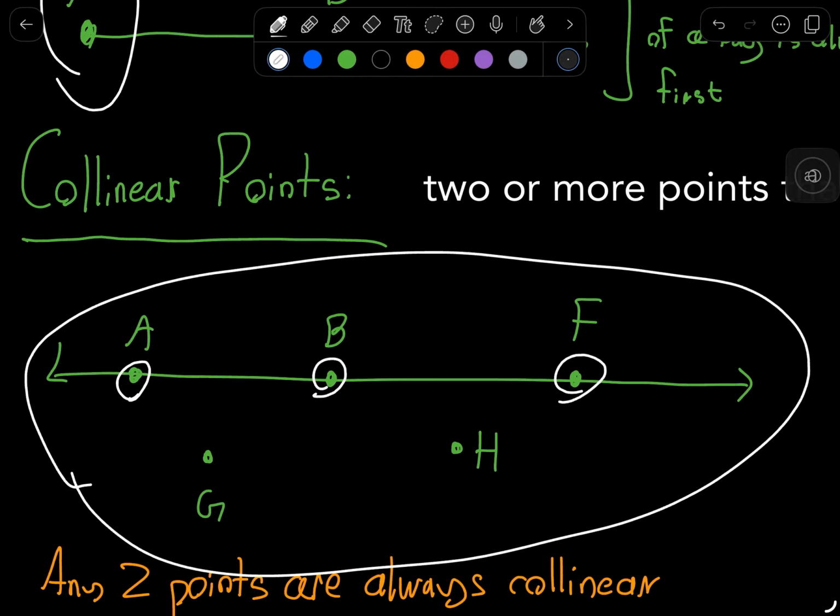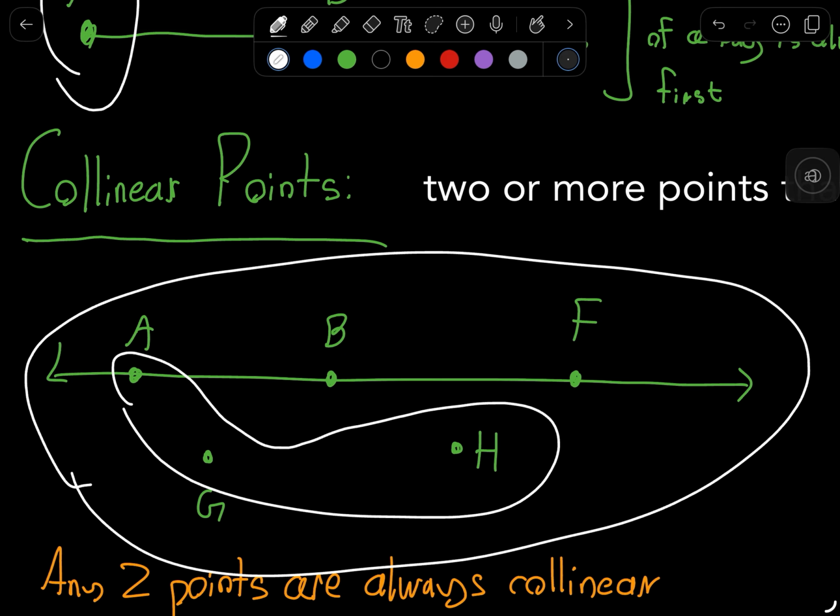So points A, B, and F are all collinear. Points G and H are not on the same line, so you can't assume that they're collinear. You can't say A, G, and H are collinear because they don't lie on the same line. You have to have a line that goes through the points in order to say that they're collinear.